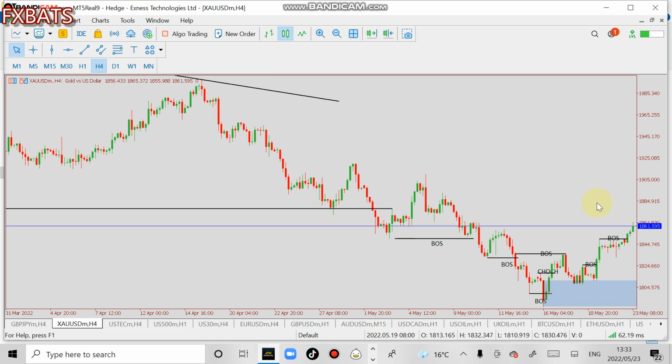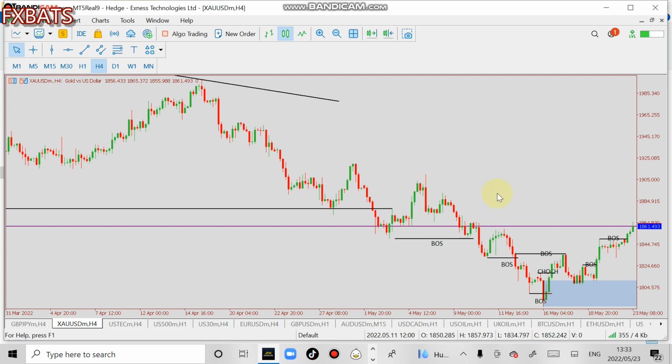All I wanted to point out is something we call the complex pullbacks. Complex pullbacks are typical internal structures, the anti-trend move we experience in a trend, either a bearish trend or a bullish trend.